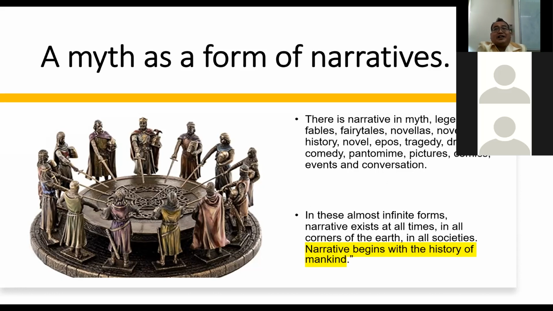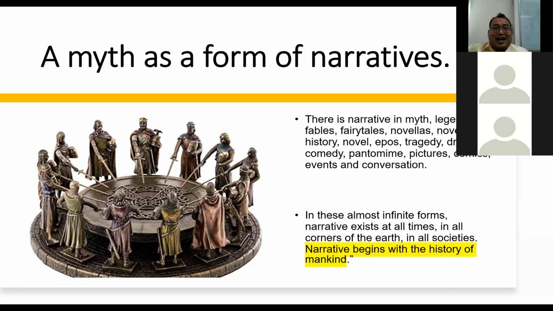If you are a Christian, the grand narrative for the Christian world is the Bible.